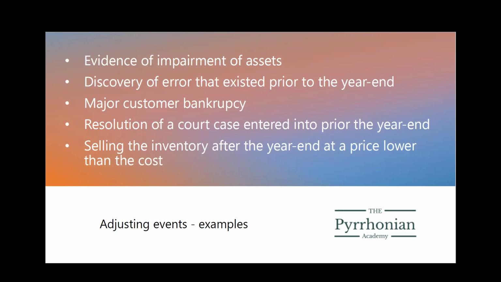So here are a few examples of such adjusting events, events that have relation to the conditions that existed at the reporting date. For example, evidence of impairment of assets.